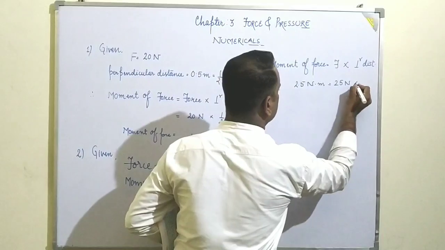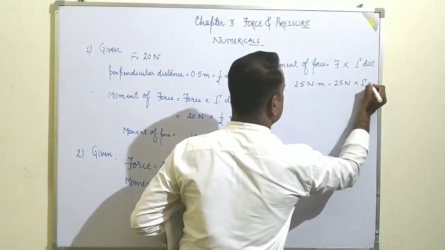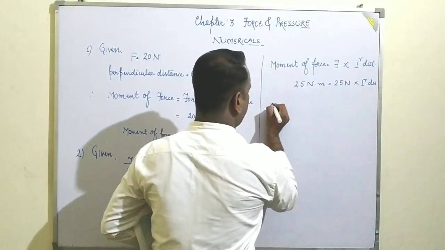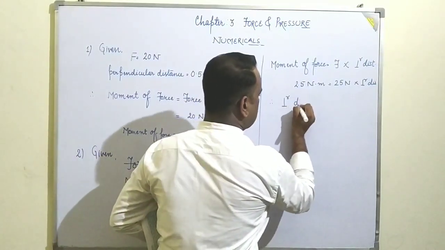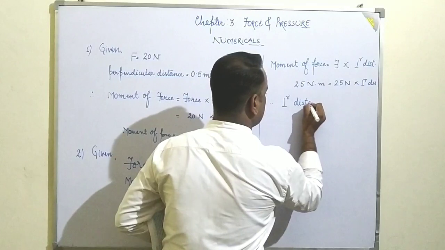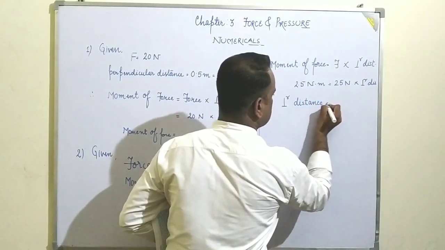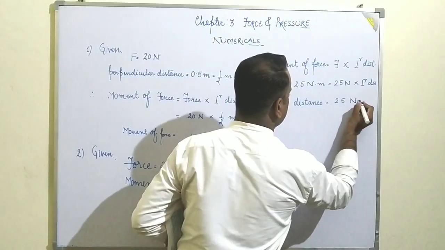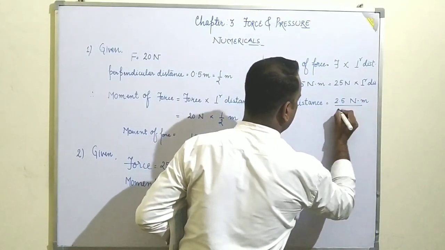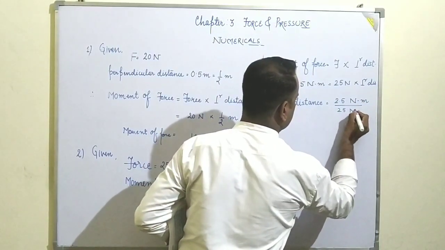We have to calculate the perpendicular distance. Therefore perpendicular distance is equal to 2.5 Newton meter upon 25 Newton.